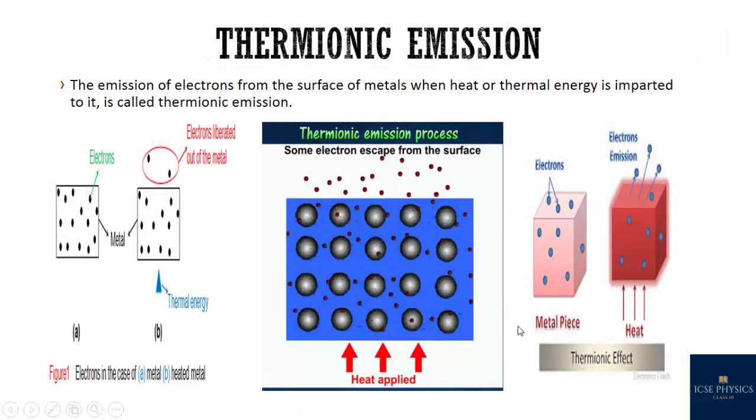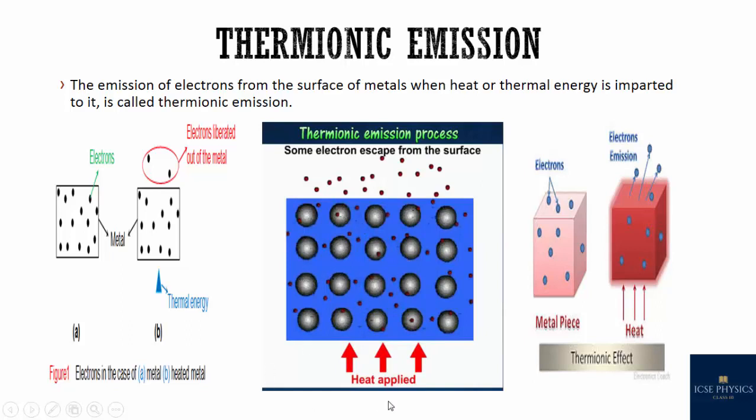But if we supply energy more than the threshold energy, or more than a limited amount of energy, then what happens? These free electrons, as you can see here, what happened? Heat supplied, the electrons become free. Electrons in the outermost orbit of an atom become free and then they collide with themselves.